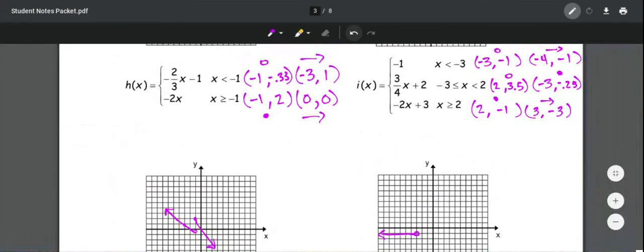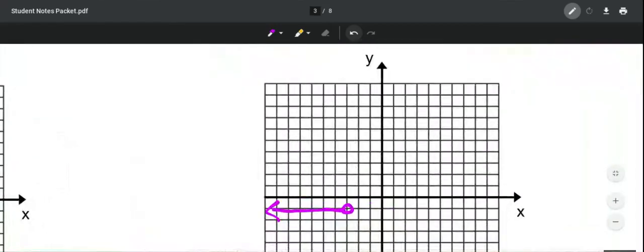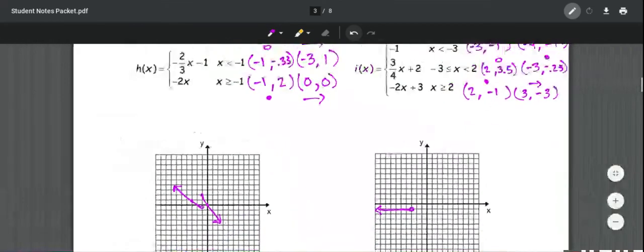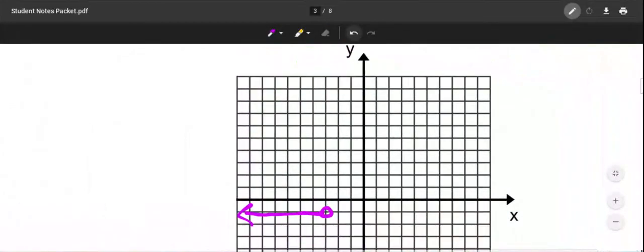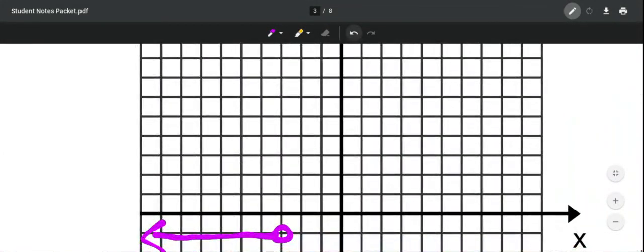Your next graph is 2, 3.5. Right? 2, 3.5. Is another open circle.